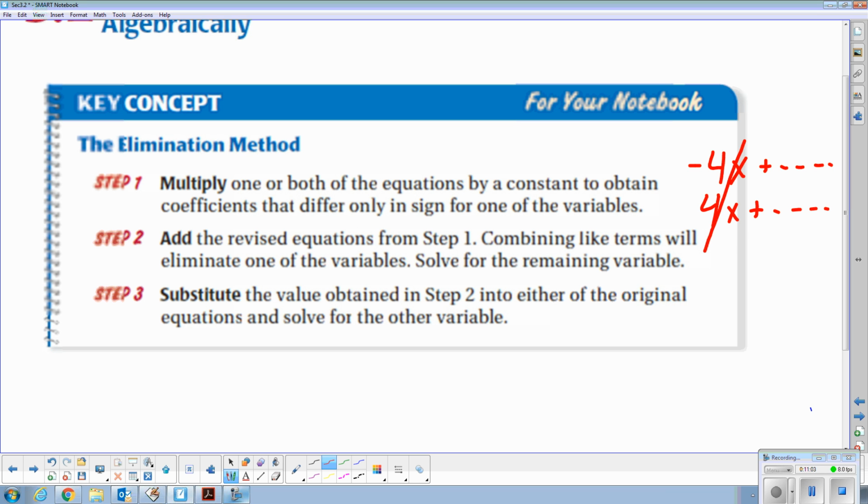So in order to get something like this, we need to multiply either the first or second equation by something. And when we multiply an entire equation, remember we multiply each individual term. So when you use the elimination method, first you're going to multiply an equation by some constant. Then you're going to add the two equations together. And then you're going to use the substitution method to solve still for the second variable.